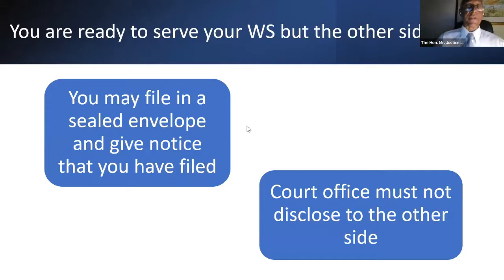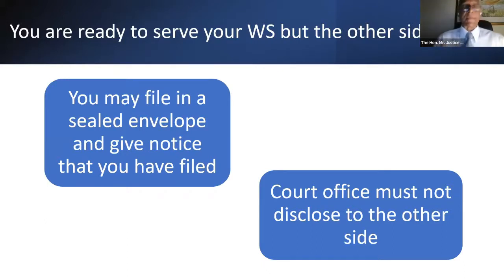If you're ready to serve your witness statement, but the other side is not, and the order said exchange must take place on the 15th of April, one of the things you can do is file your witness statement in a sealed envelope and give notice that you have filed it.